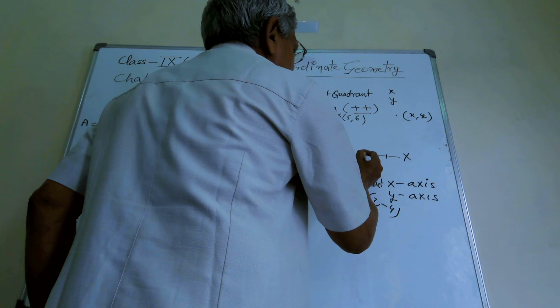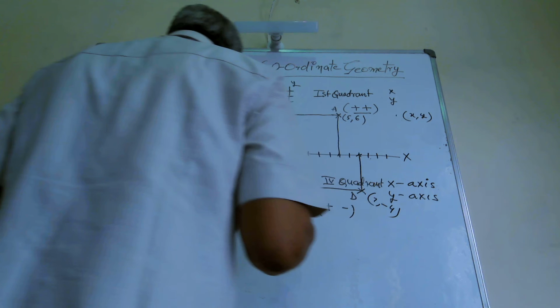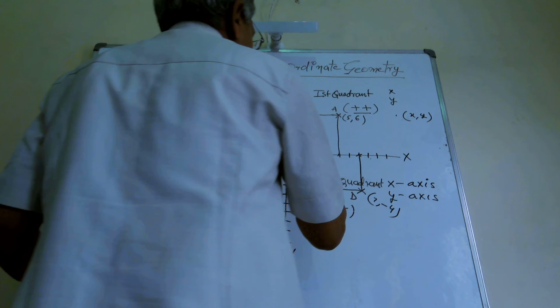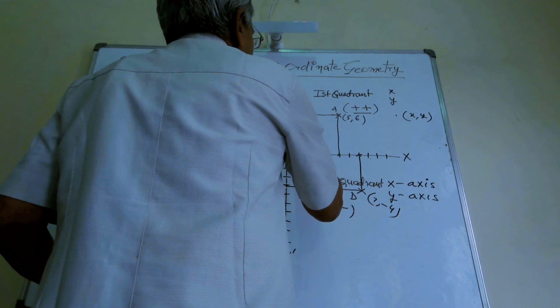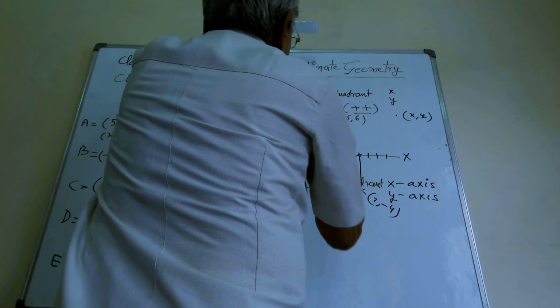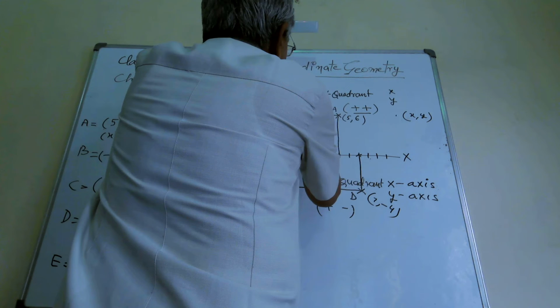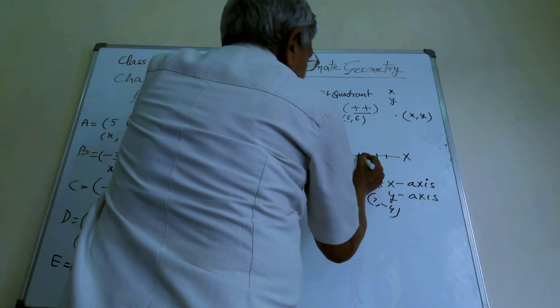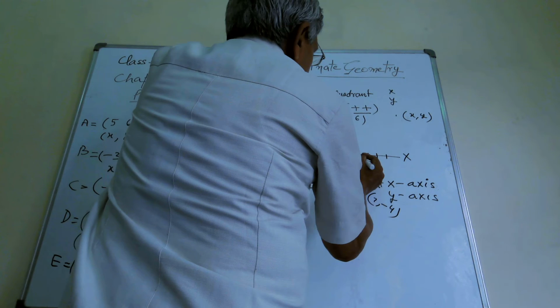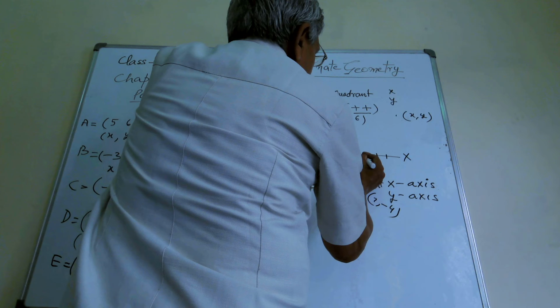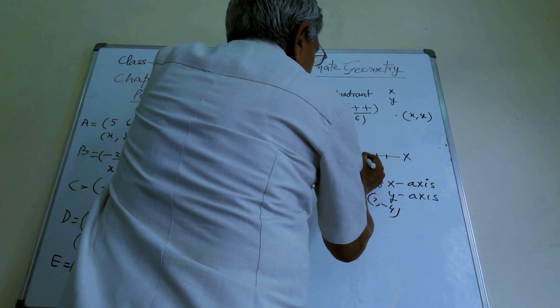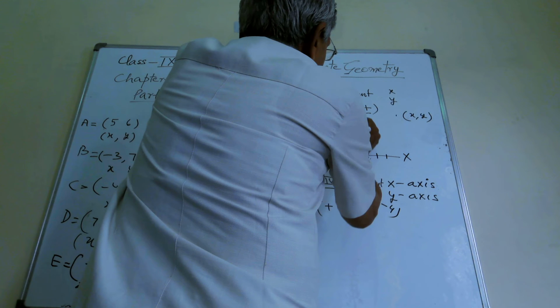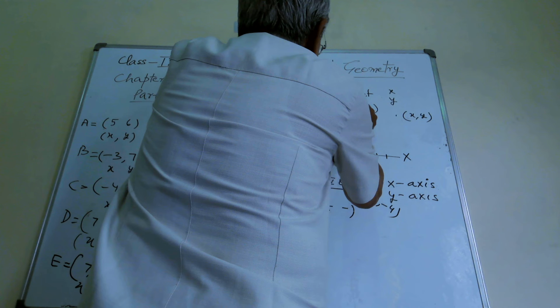But y is 8, which is positive: 1, 2, 3, 4, 5, 6, 7, 8. Y is here and x is here. Both move perpendicularly, just like this, and these points will meet here.